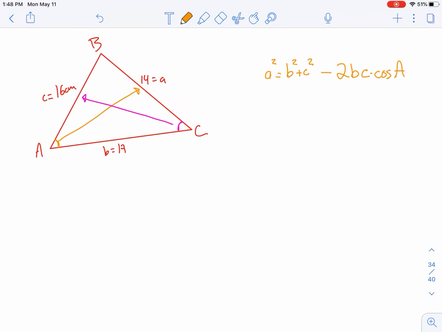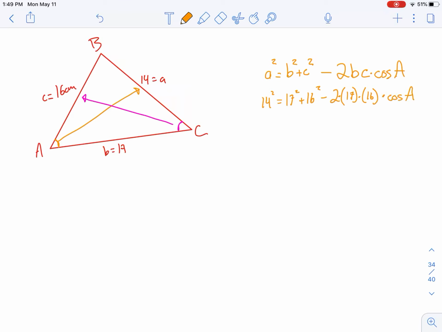If we take a look at this, we can fill in what we know and what we don't know. a is 14 squared, equals b, which is 17 squared, plus c, which is 16 squared, minus 2 times b, which is 17, times c, which is 16, times the cosine of A, where A is our unknown.